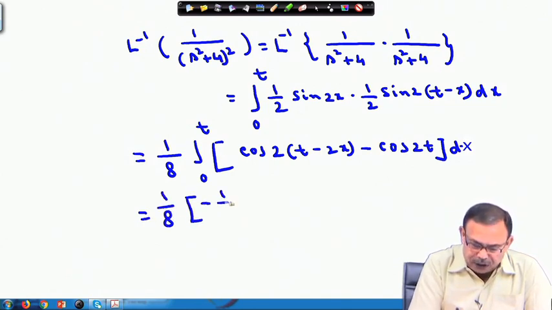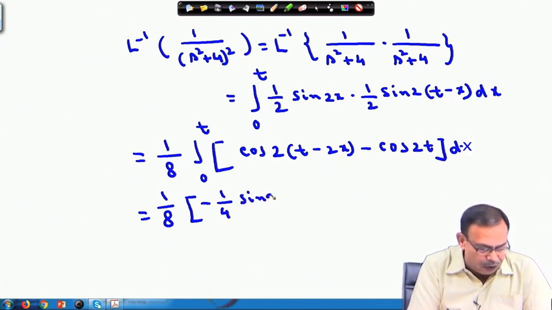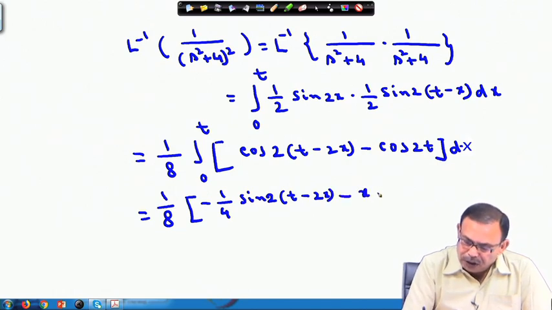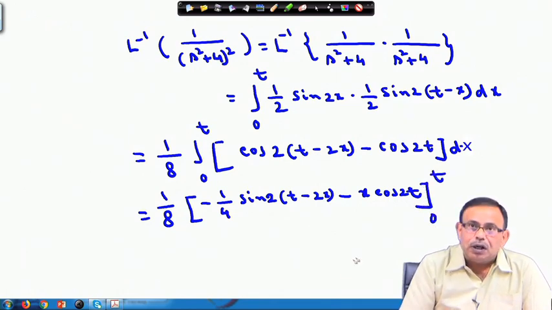So, I will obtain minus 1 by 4 sin 2(t minus 2x) minus x into cos 2t, and the limit is from 0 to t.